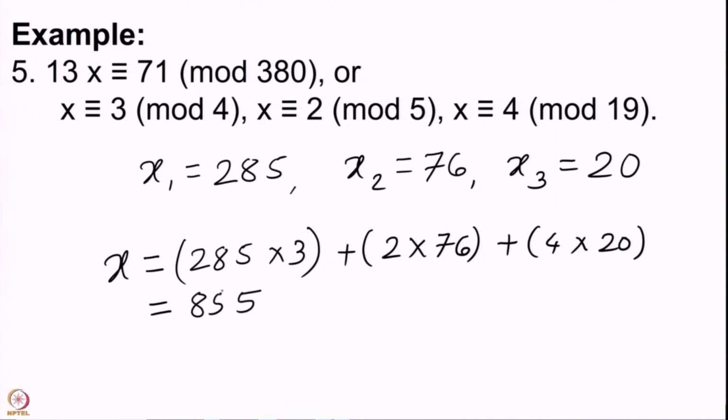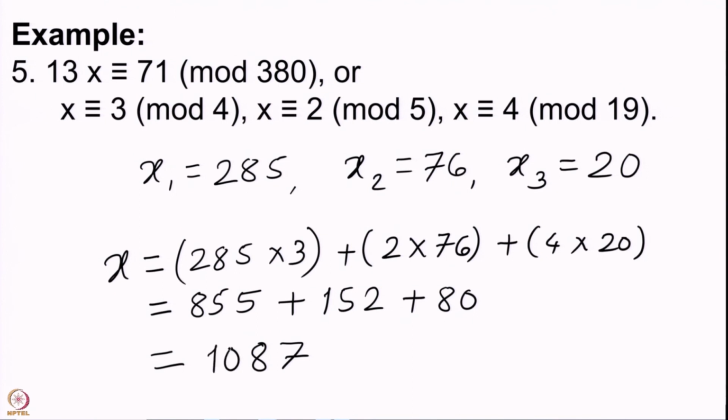So, we get 855 plus 76 into 2, this is just 152, and here we get 80. So, the answer is going to be 5 plus 2 is 7, 5 plus 5 is 10 plus 8 is 18. So, we write 8 and take 1 out, 8 plus 1, and then that one gives us 1087.